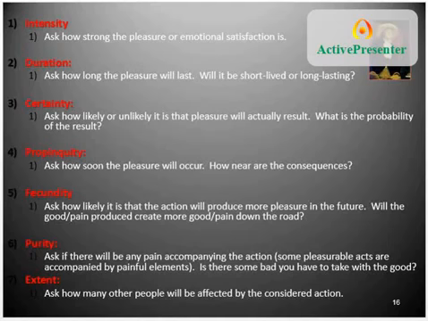Propinquity is how soon the pleasure will occur. This isn't like a delayed gratification thing with a candy bar. This is, I enjoy it right now, this second. That's going to be very different than pursuing a workout regimen. Fecundity. Ask how likely it is that the action will produce more pleasure in the future. Will the good or pain create more good or pain down the road?